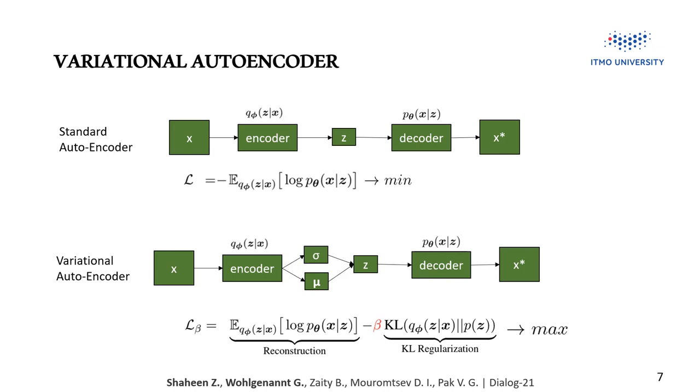We can notice that the KL divergence term is multiplied by a weight beta, and if we set beta to 0, we can see that the objective of variational autoencoder will be the same as the objective of a standard autoencoder.